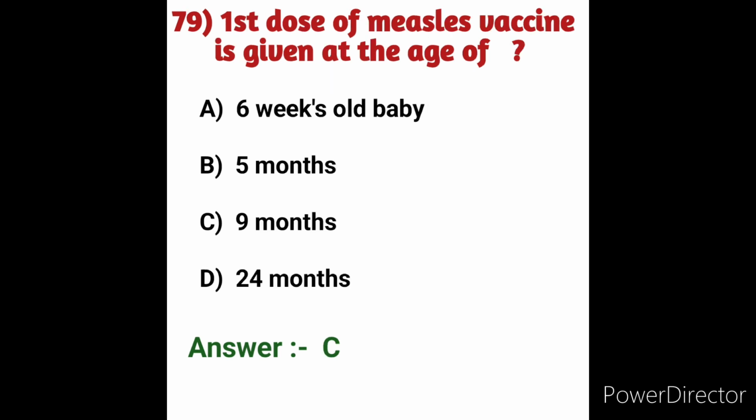Question number 79. At which age does the baby receive the first dose of measles vaccine? Option A 6 weeks, option B 5 months, option C 9 months, option D 24 months. We should get 2 doses of MMR vaccine. The first dose of measles is given at 9 months, and the next at 4 to 6 years of age.